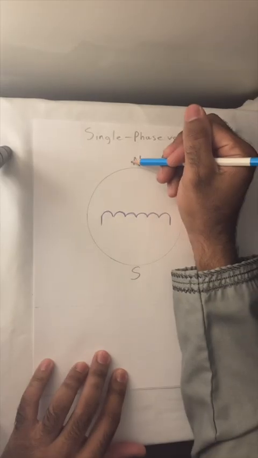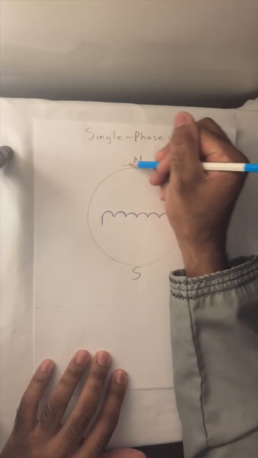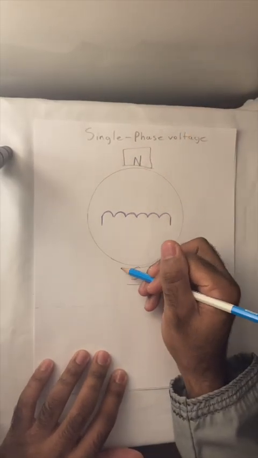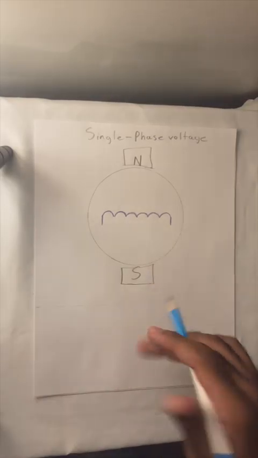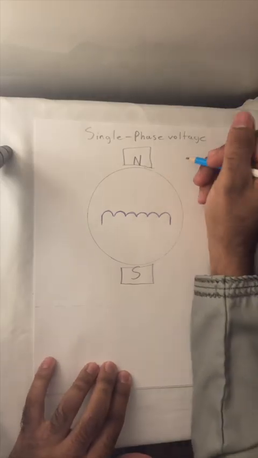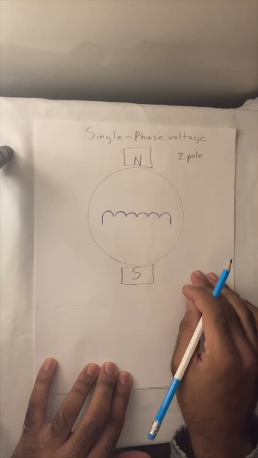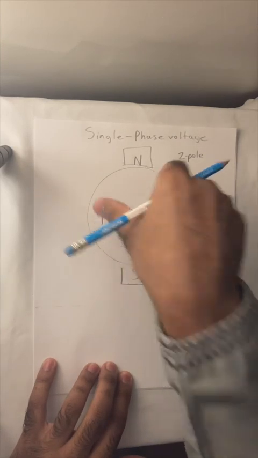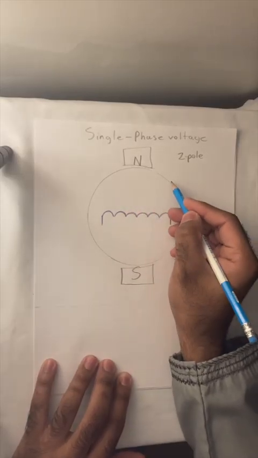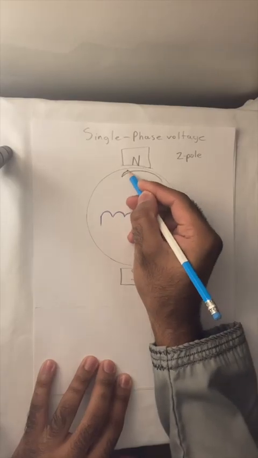So in this situation, let us consider these to be our pole pieces. We just have a north and a south pole. This is a two-pole field. Now, we only have a single phase. We will consider the positive direction would be in this direction.